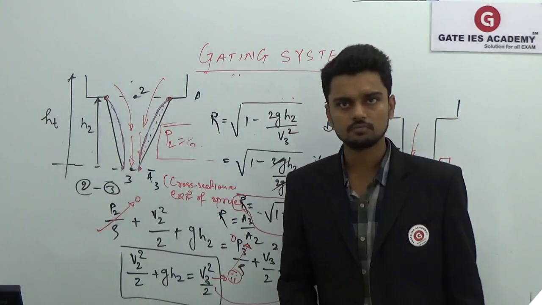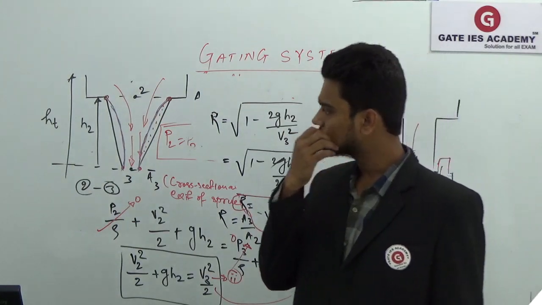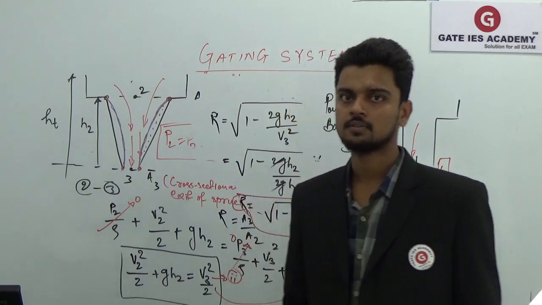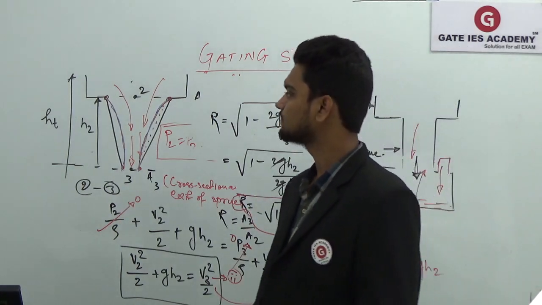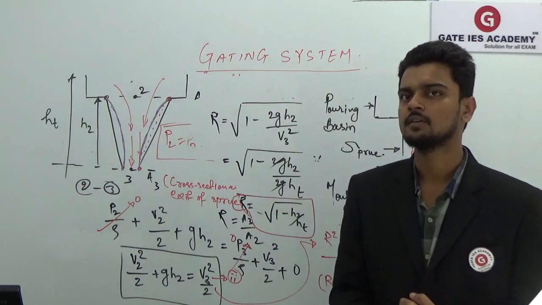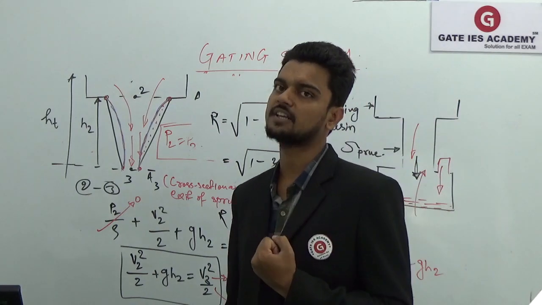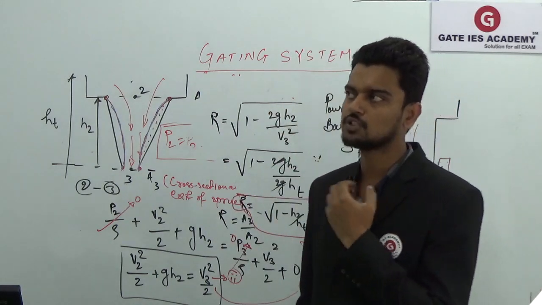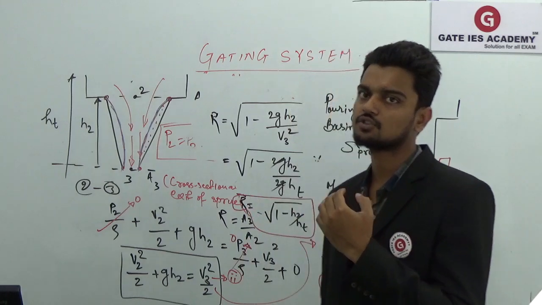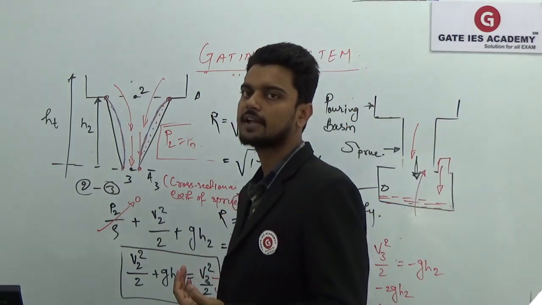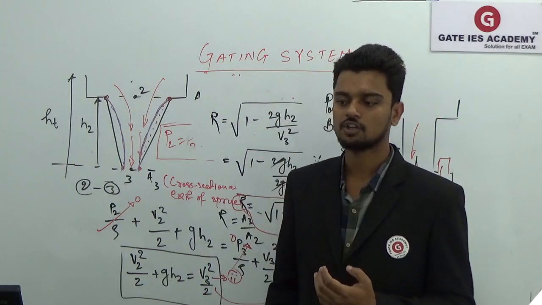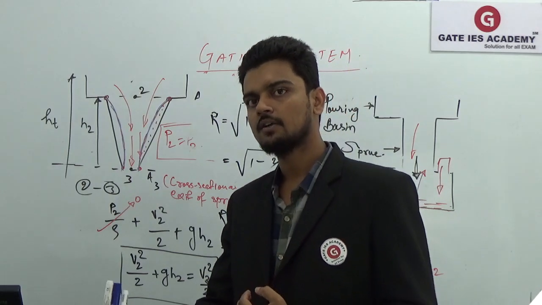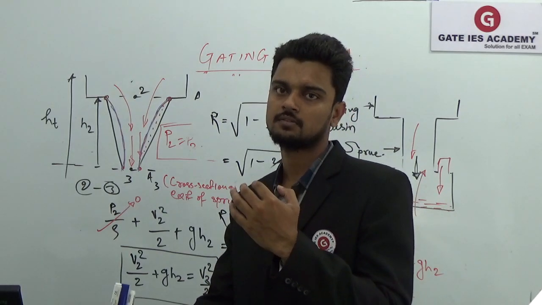Okay. So you can see, say, in the case of a nozzle. A nozzle increases the velocity at the expense of pressure, and in a nozzle the area is continuously decreasing. Okay, area is continuously decreasing, velocity is increasing.